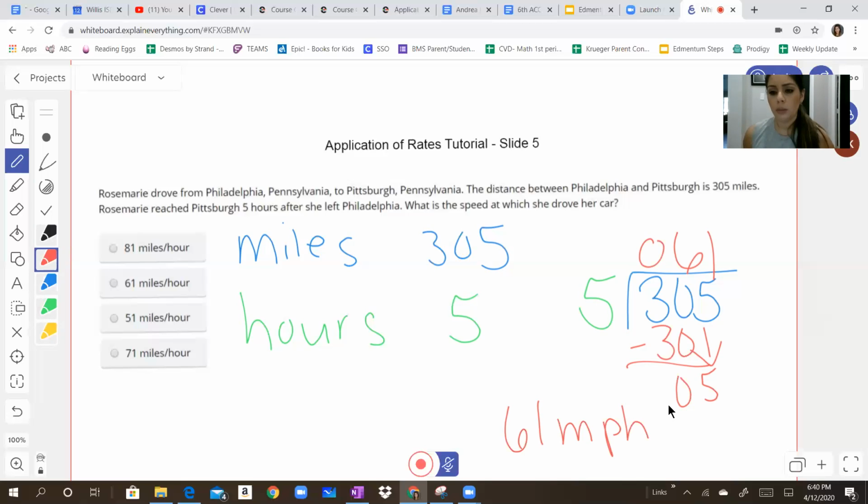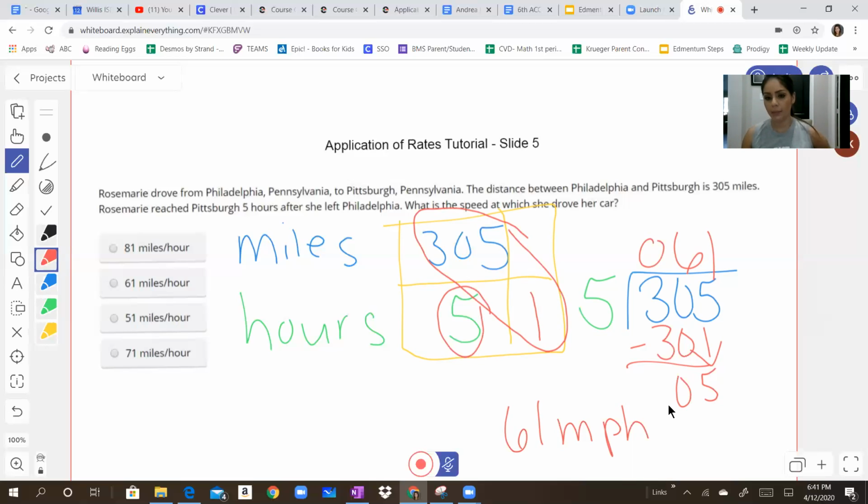Now you might be wondering, well, Ms. Kruger, how did you know 305 was your dividend and 5 was your divisor? Again, if you're needing that kind of assistance, you can always set up a proportion. If you're looking for how many miles are in 1 hour, when you set up the proportion, you can see that these two numbers are the ones that are being multiplied, and this is our number that we are dividing by.